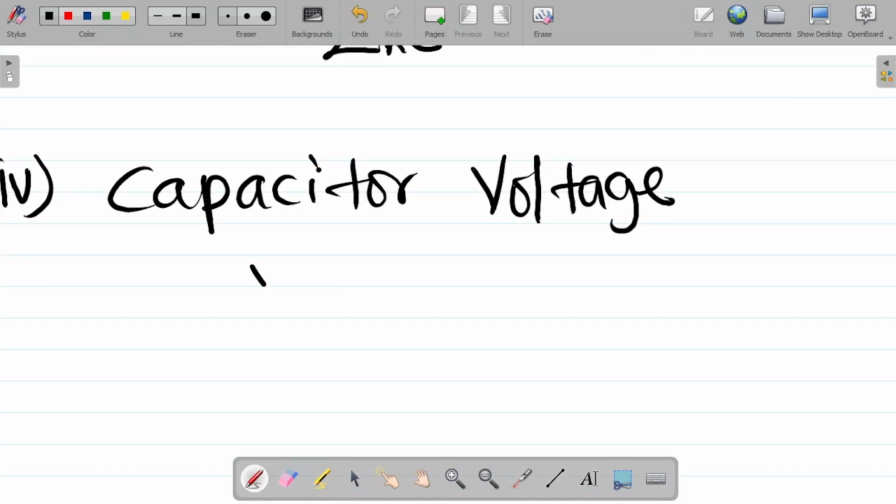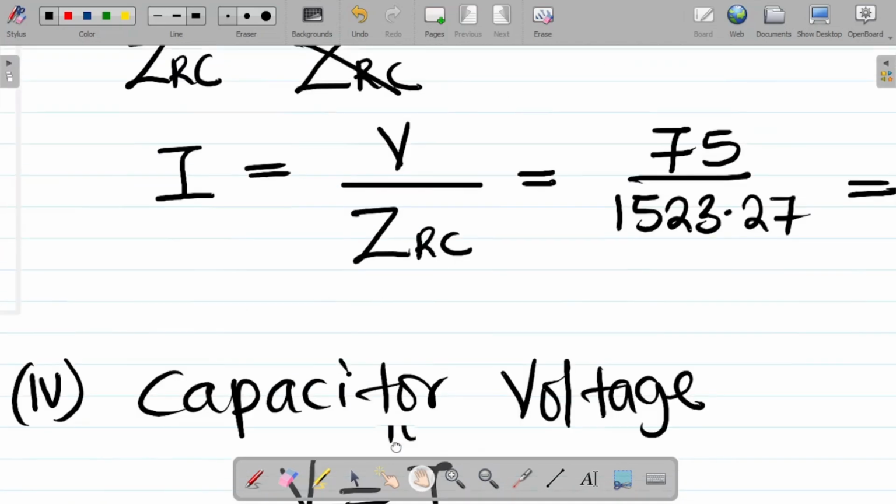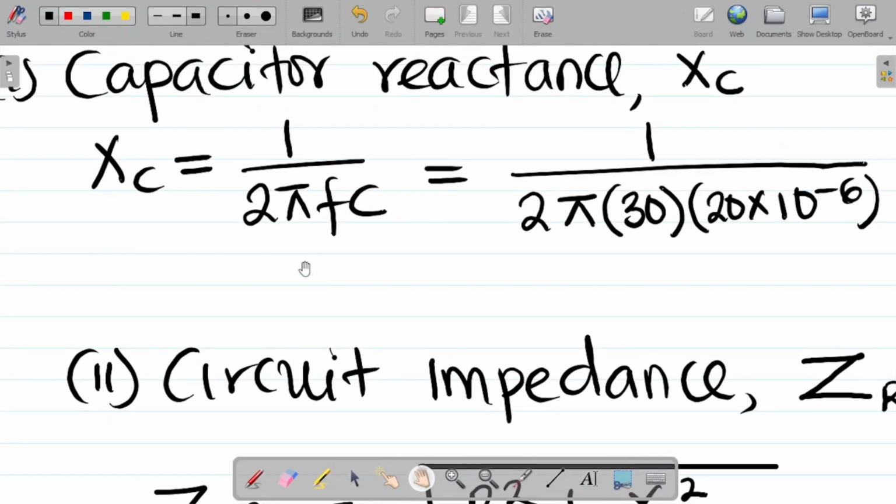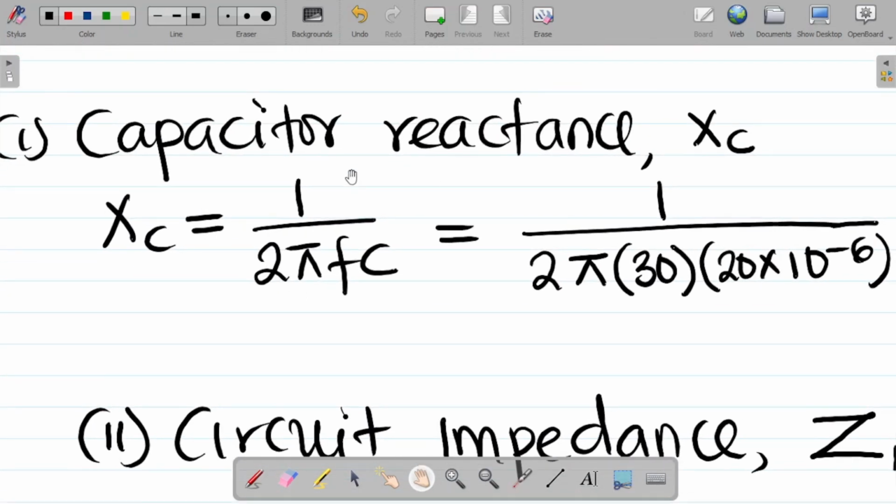Again, from Ohm's law, V is equal to IR. Now when we talk about the capacitor, it becomes not just V, but VC, the voltage of the capacitor. It's equal to I, the current. Now, when we mention XC, reactance is simply the opposition to the flow of the current in the capacitor.